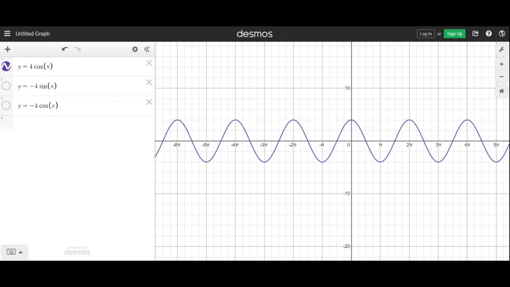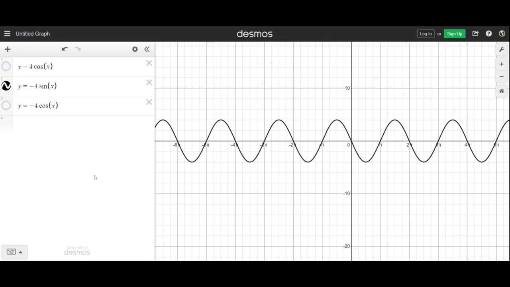Okay. Now, let's think about velocity. So I want to start by looking at the velocity function on its own, and then I'll look at position and velocity together. So at our starting time, what is the velocity going to be when we start this experiment? If we've stretched it out fully, what's our velocity? Before we let it go.